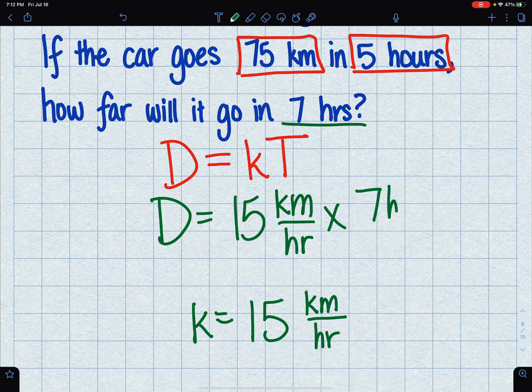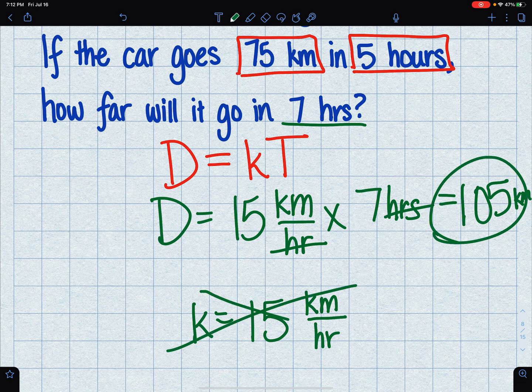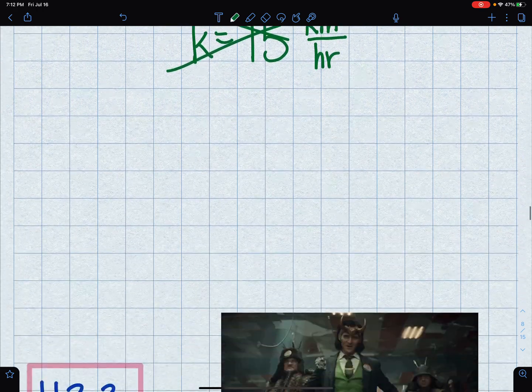Look at this, hours cancels out. And the distance is 15 times 7, which is 105, and the units are kilometers. I'm running out of room, but it's kilometers. Okay, cool, so this is the answer right there. And it's in the right units because you did it right. Sweet.